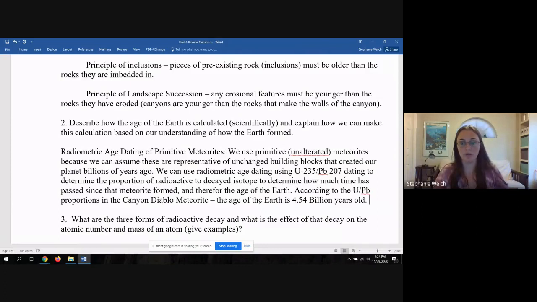And it's important to remember that that's 4,540 million years old. So it's really hard to think about things in terms of being billions of years old, because we don't have the kind of perspective in an average human lifespan of something like 75 years to really appreciate how long 4.54 billion years is.